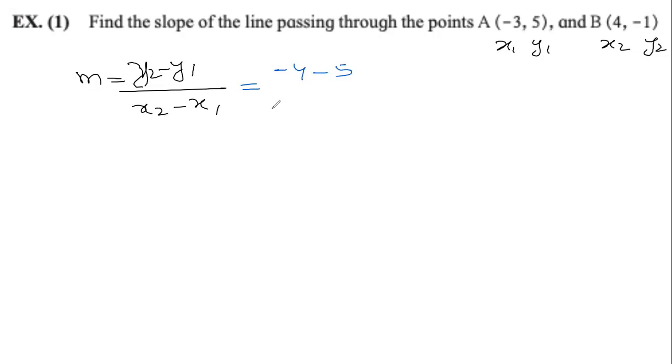So y2 minus y1 becomes minus 4, minus 5. Then if we look at x2 minus x1, x2 is 4, x1 is minus 3. When we solve this, minus 4 minus 5 is minus 9. 4 plus 3 is 7.